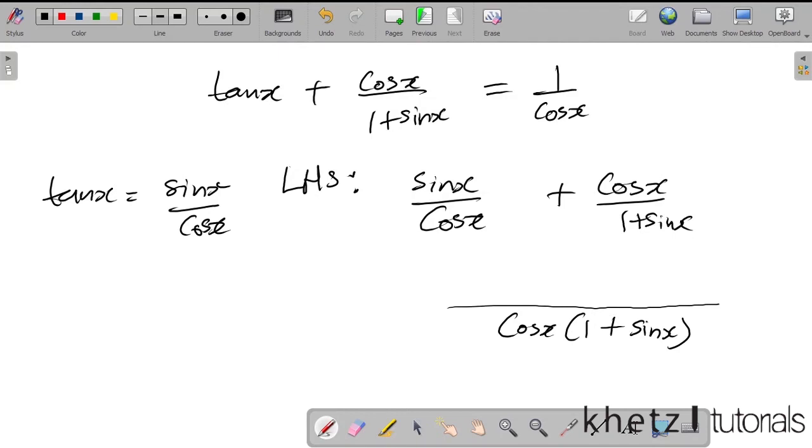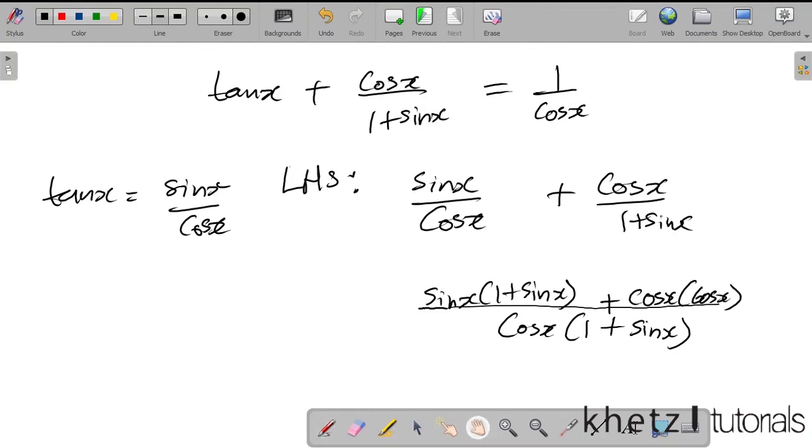And after doing some cross multiplication, you're basically going to have sine x multiplied by 1 plus sine x, plus cosine x multiplied by cosine x.